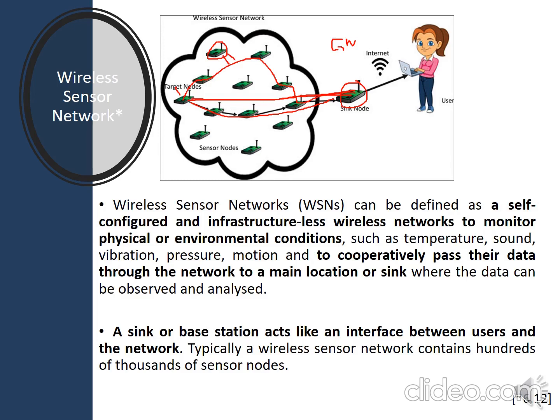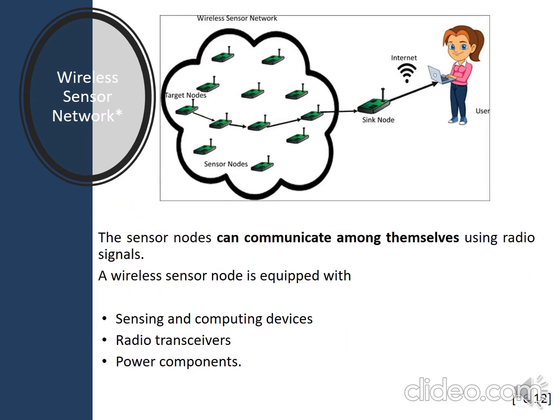If any node has these three things and comes into the proximity, it will join the network. The sensor nodes can communicate among themselves using radio signals.